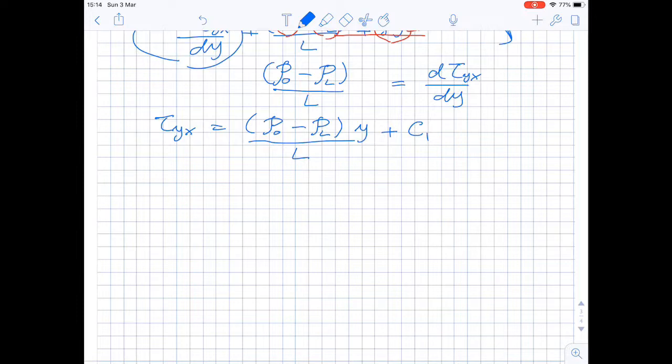And then we can go ahead and replace the tau into velocity, because at this point we don't have boundary condition to find C1. At this point we don't. So we will go ahead and replace tau yx using Newton's law that we defined earlier, that tau yx equal to minus mu dvx by dy.